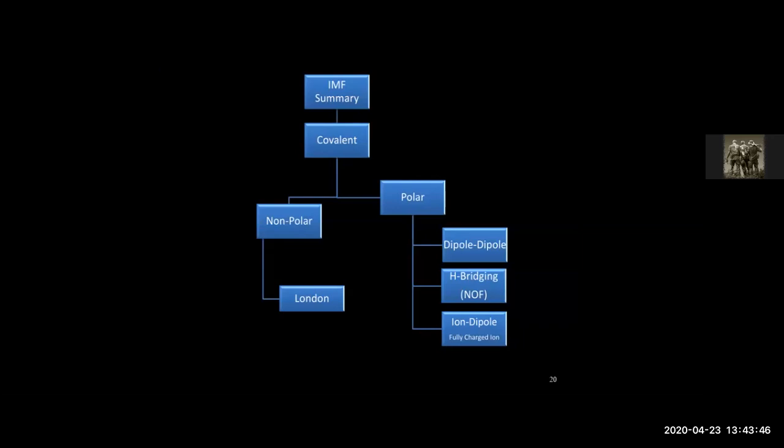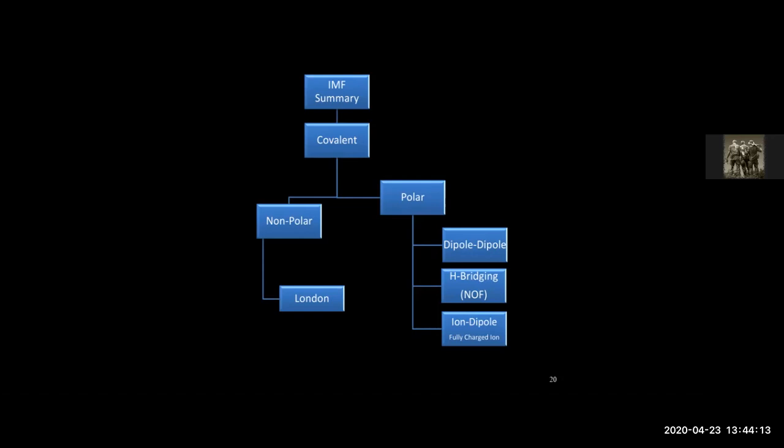Obviously, if it's an ionic compound, then it's going to be an aqueous system, and you have ion-dipole. If it's covalent and nonpolar, automatically London forces. If it is polar, you have to decide, could it be dipole-dipole or hydrogen bonding?